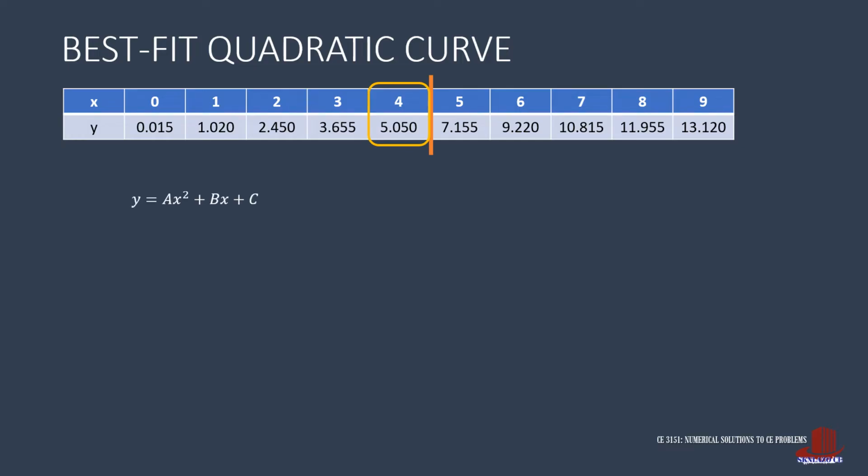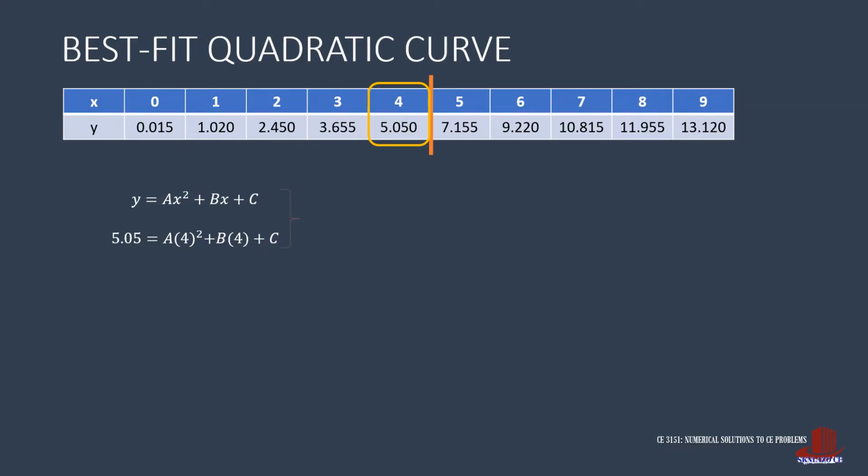From the quadratic equation y equals ax squared plus bx plus c, taken as the first equation, we create another by using the intersected point, making the second equation 5.05 equals a times 4 squared plus b times 4 plus c.